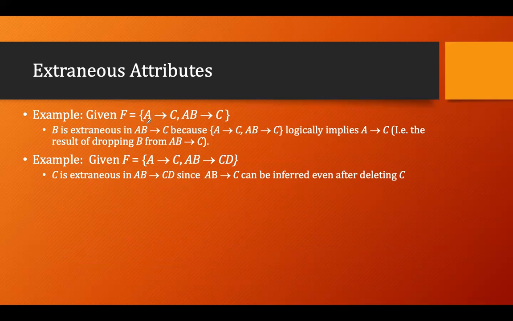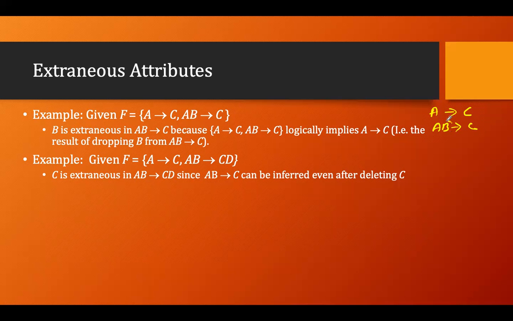This is also an example: if we have A determines C and AB determines C, B is extra in AB determines C, because A determines C and AB determines C logically implies A determines C. That is the result of dropping B from AB determines C. It obviously says that if A is determining C and AB is determining C, let's say roll number is determining the name and roll number plus branch is determining the name.